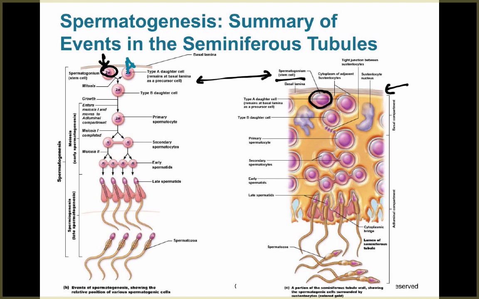And so they divide. One stays at home by that basal lamina to continue the process. The other is going to go down, and this is the B cell line, right? And this is going to move towards the lumen, and this is what's going to develop into what we know as the primary spermatocyte, right? So at this point, you can see here, this is A, this is B, and this is the primary spermatocyte, right?